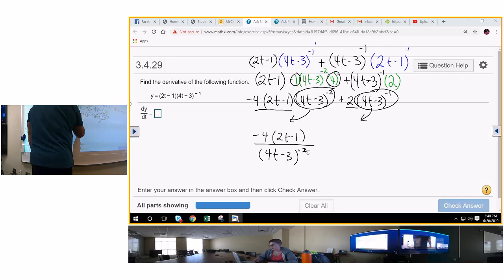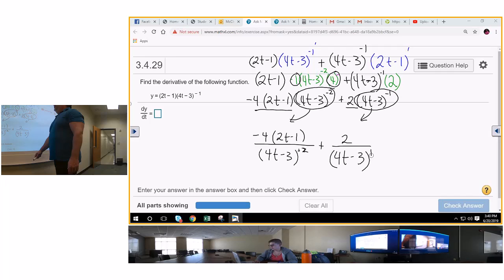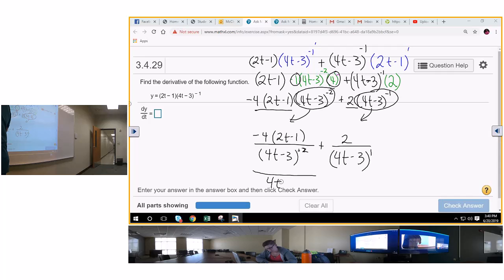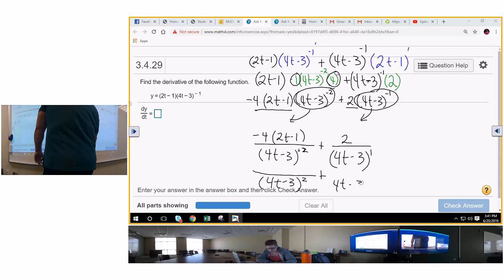That's a positive. Plus 2 over 4t minus 3 to the first power. Now, of course, you've got a common denominator. You're going to use the highest degree. So the common denominator is 4t minus 3 to the second power.